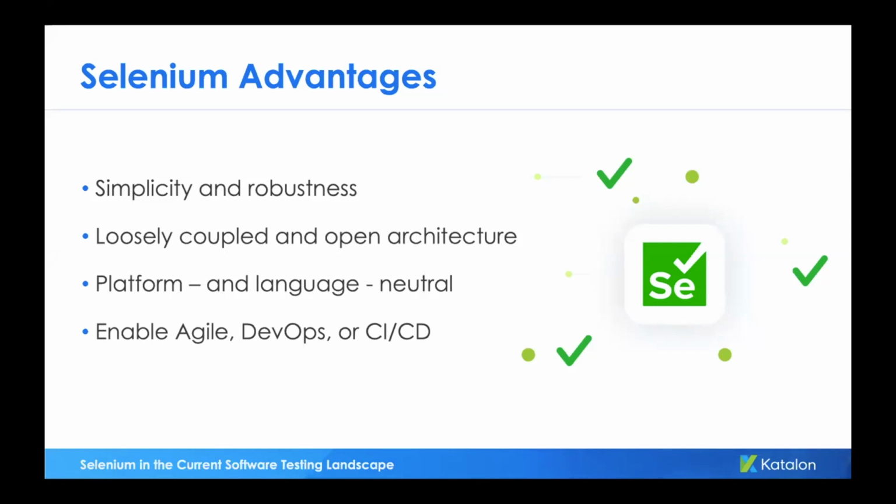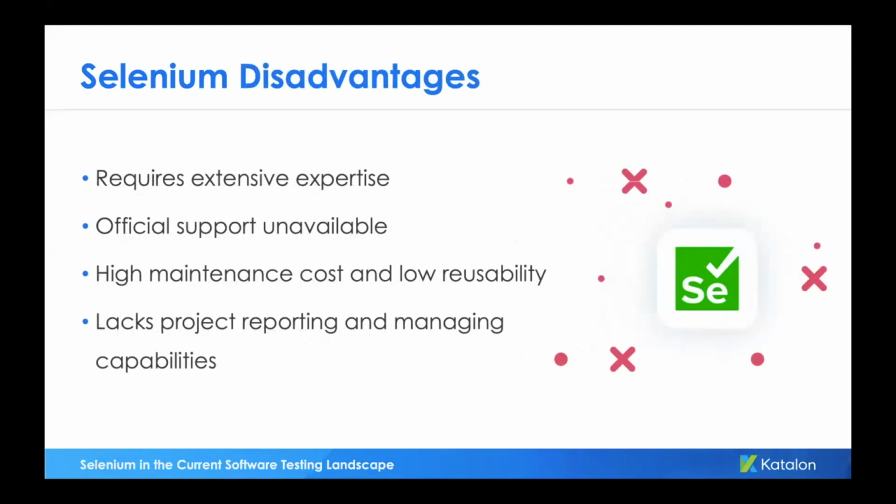However, there are still shortcomings that accompany this list of advantages. One of the most notable downsides of Selenium is that it requires extensive expertise from the user. Due to the lack of many components for a comprehensive automation project, such as reporting and logging, teams have to have a certain amount of expertise and experience to build, customize, and maintain a Selenium-based tool for their projects.